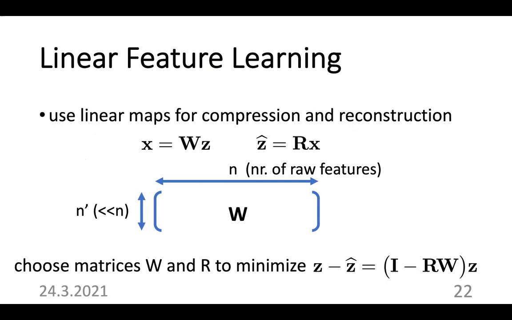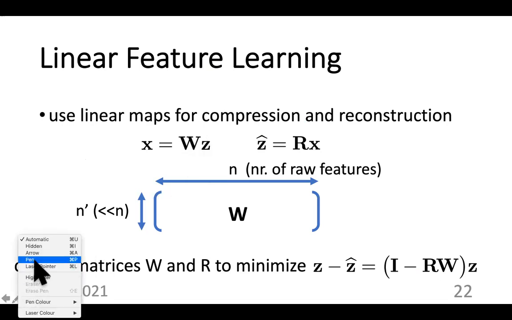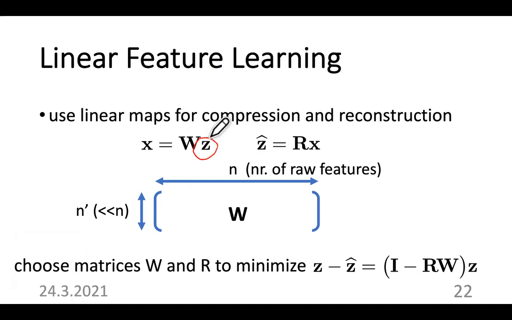So remember, in linear feature learning, we constrain the compression map that takes the long raw feature vector and maps it into a short vector of most relevant features x. And we also require that the reconstruction of the original raw feature vector, so this is the reconstructed version of the raw feature vector, is typically different from the original.